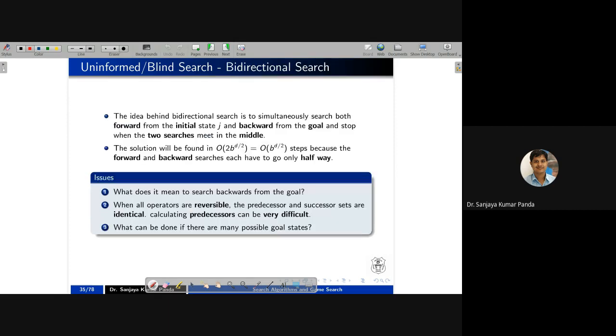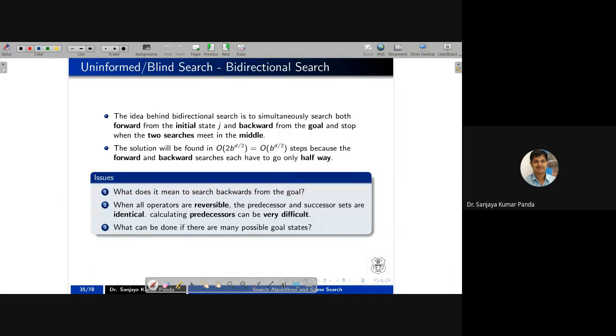Now, the sixth algorithm, which I have not listed in that list, is called bidirectional search. It is another important search. In the previous searches like BFS, DFS, depth limited search, iterative deepening search, and uniform cost search, we only go through the search strategy from the root, from our initial state.